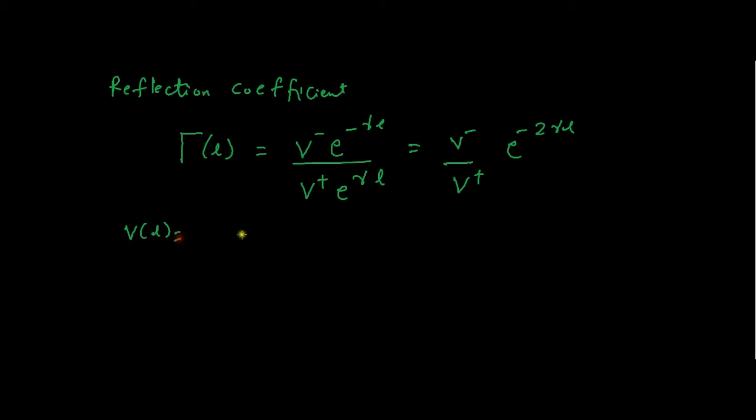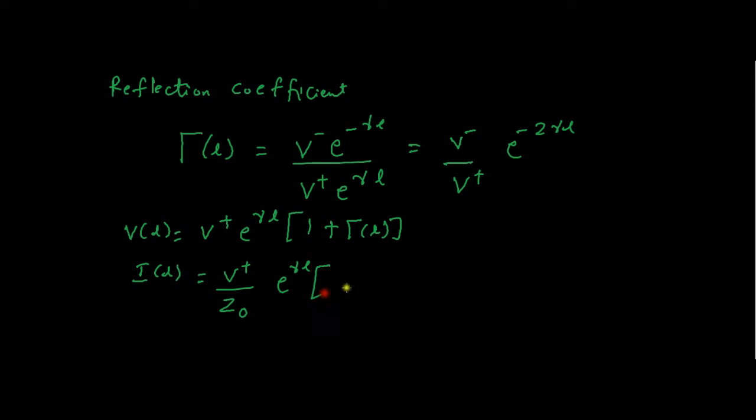V of L equals V plus e raised to gamma L times 1 plus this, and the current will be V plus upon Z naught, e raised to gamma L, times 1 minus this.